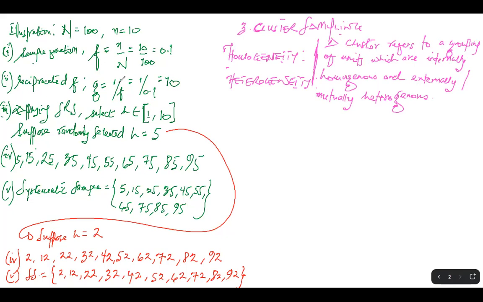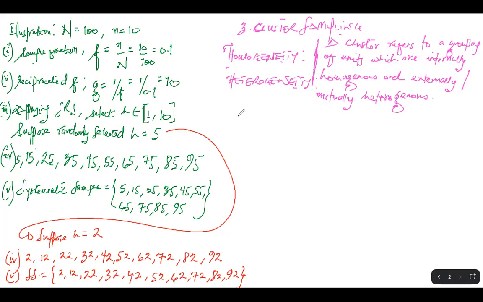So cluster sampling is basically sampling in such a way that we make recourse to this issue of homogeneity and heterogeneity. But there are a couple of steps that we need to go through in order to carry out a cluster sampling.